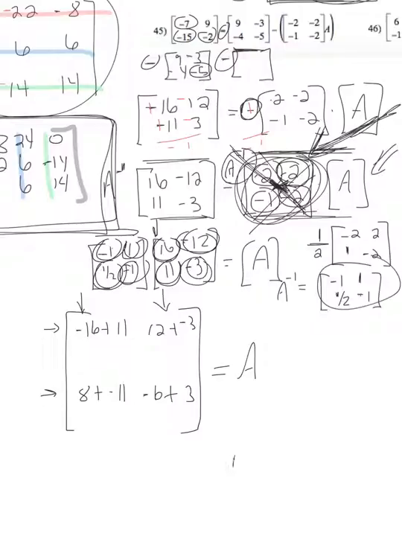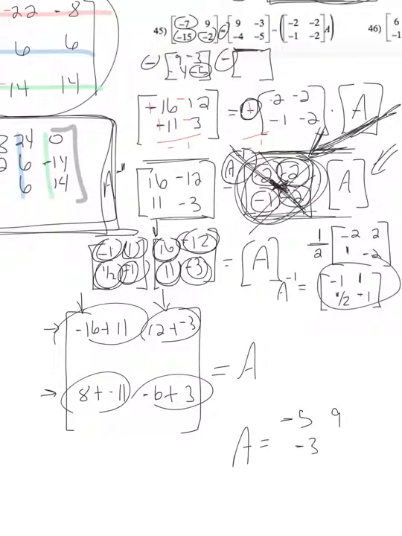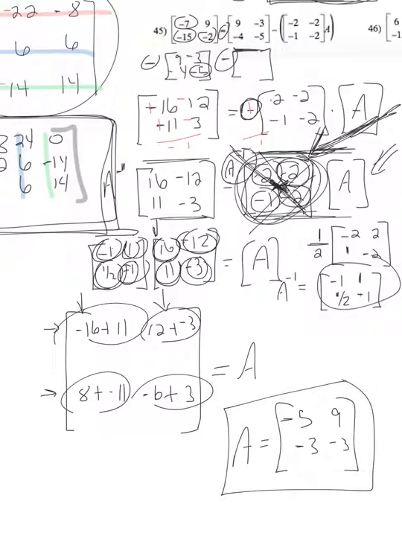So our final answer that we should end up with right here is negative 16 plus 11 is negative 5, 12 plus negative 3 is 9, 8 plus negative 11 is negative 3, and negative 6 plus 3 is negative 3. That matrix right there, if we go all the way back up here and stick it in right there, makes this true.